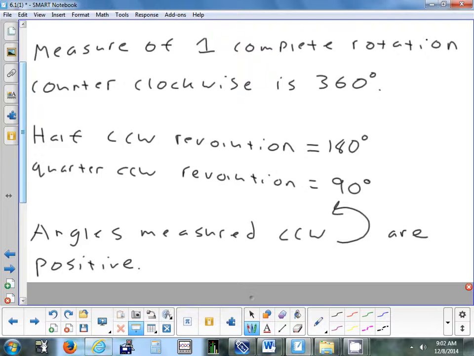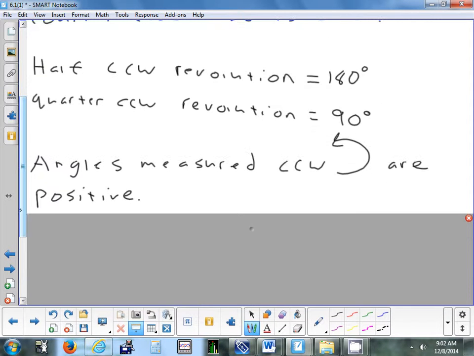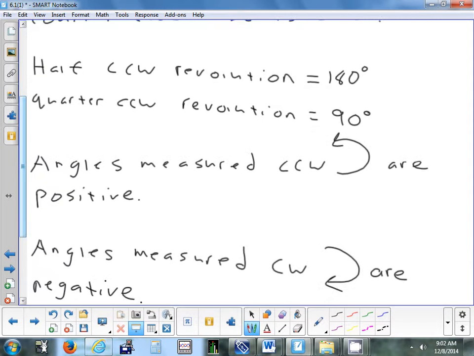So all the angles that we just did were counterclockwise. If you're going to measure an angle that's counterclockwise, that's positive. There's also another direction we can measure angles in, and that's clockwise.